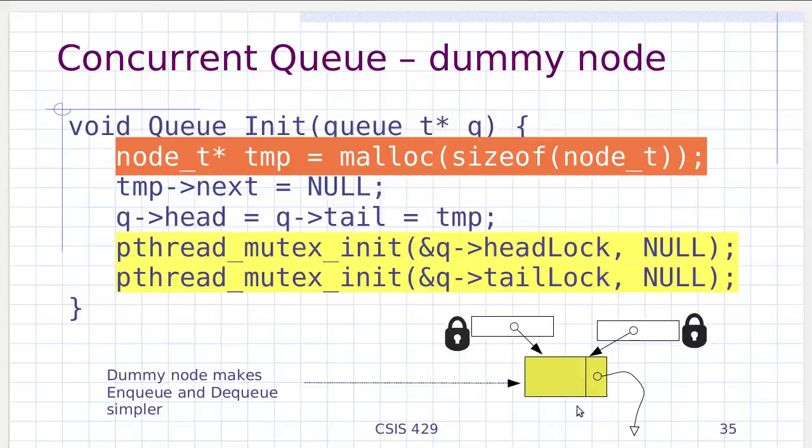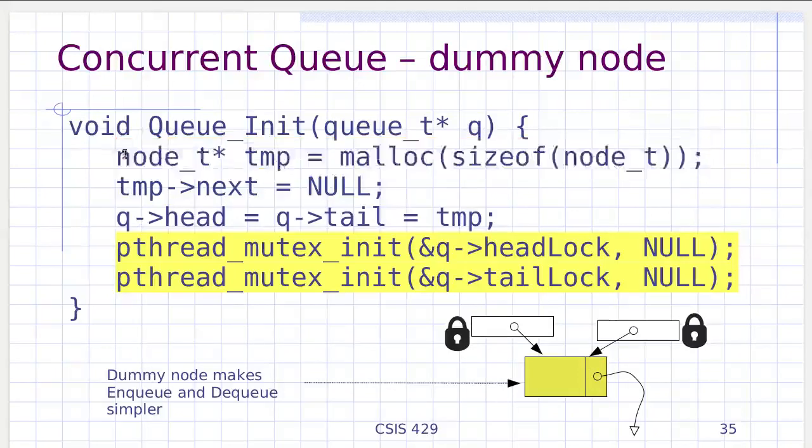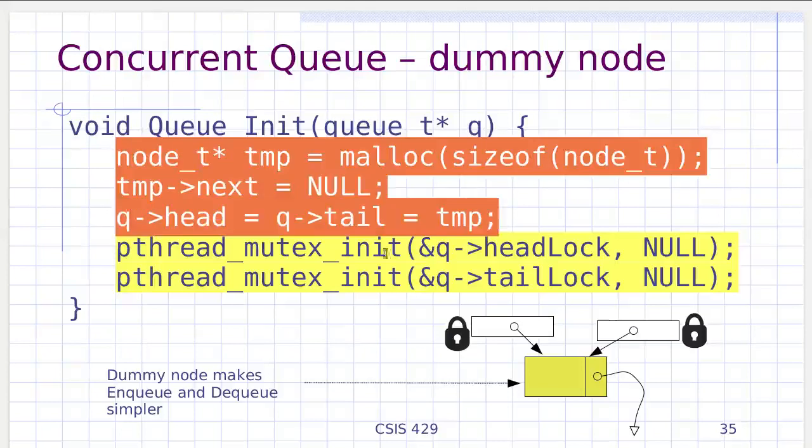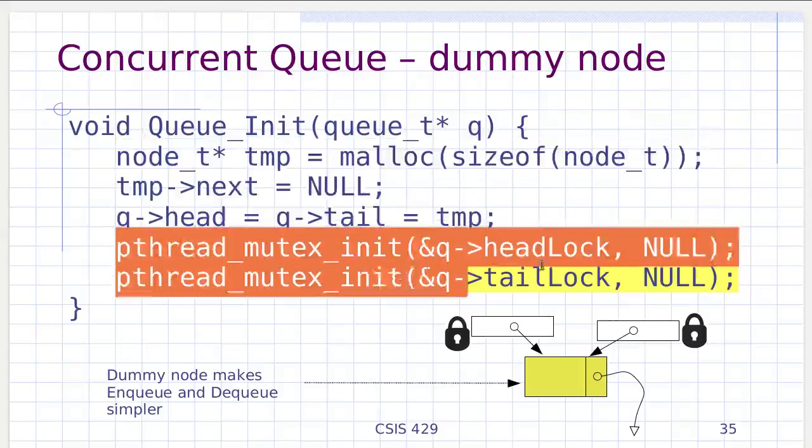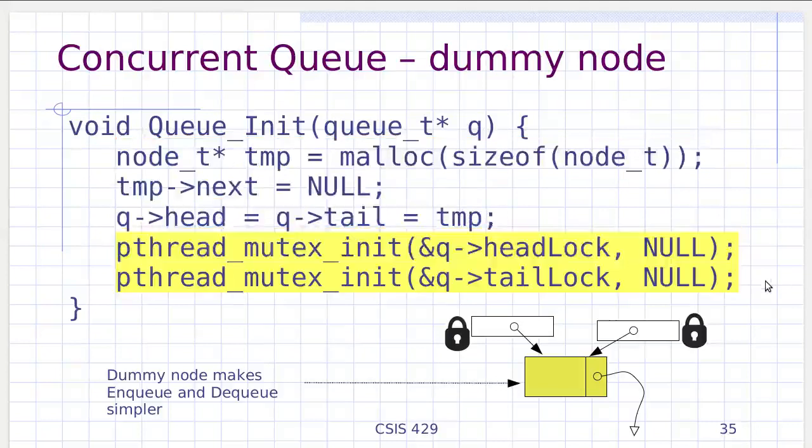It turns out to make all of the code for queue operations much simpler if you just use this convention of using dummy nodes, and it makes both your enqueue and your dequeue operations a lot simpler. So that's one thing you want to do when you initialize. And of course, since you have two locks, the head lock and the tail lock, you want to initialize both of those.